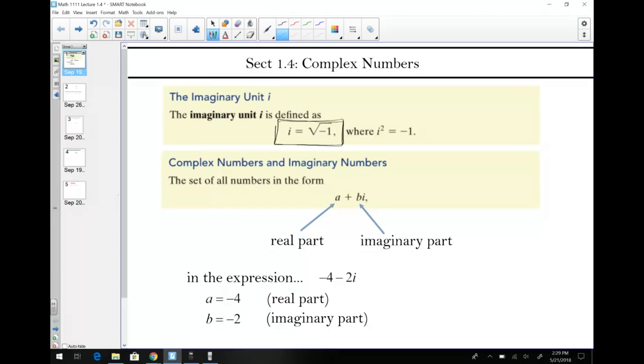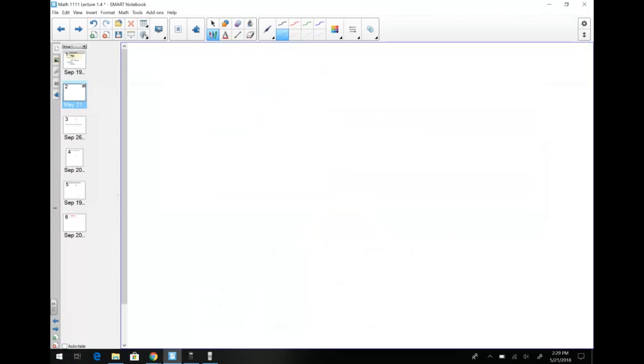A lot of times what happens, and this is just so that you know about imaginary numbers, let me add a quick slide right here. When we take the square root of 9, we know that is 3, because 3 times 3 equals 9. Remember that by definition of a square root, we need to multiply two numbers to get the number underneath the radical.